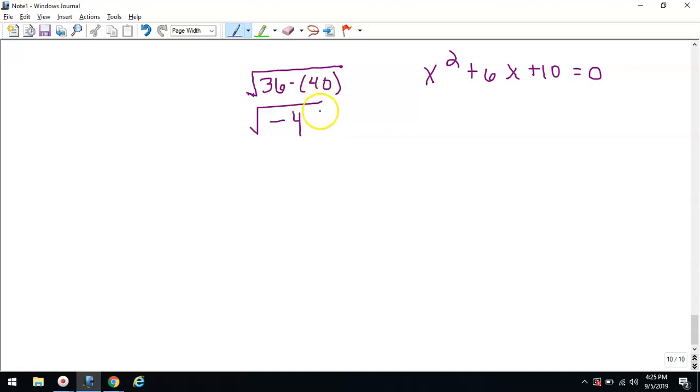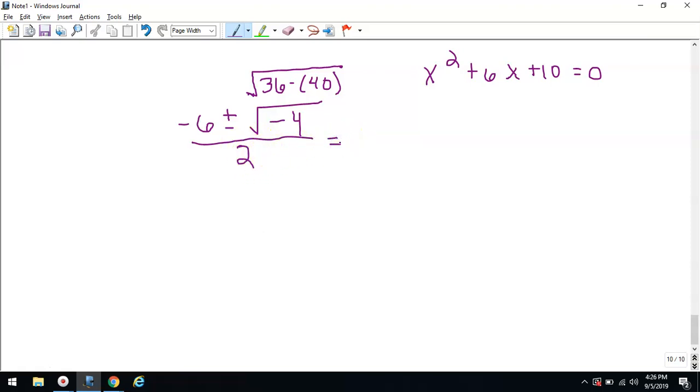So what are our solutions going to be? Why don't we use the actual quadratic formula? I already did the inside of the discriminant there, so we're going to have negative b, which is negative 6, plus or minus the square root of 4, all over 2a, which is just going to be 2.